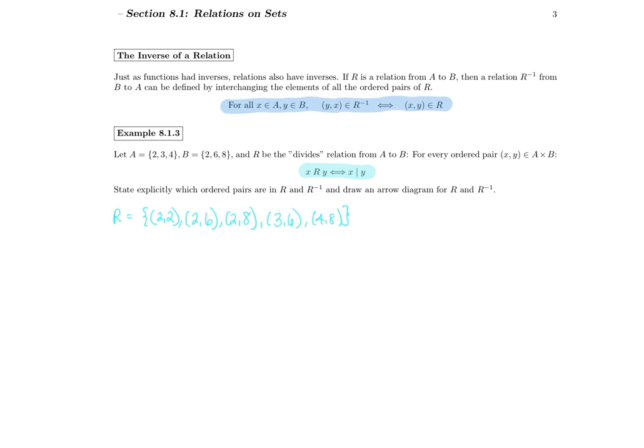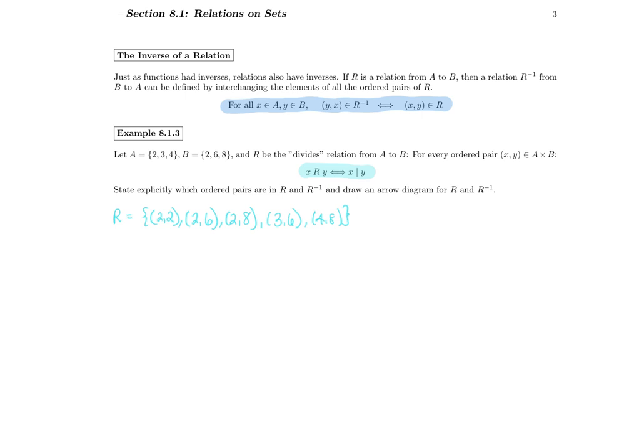Here's the fun part about our inverse. If you read strictly by this definition, it says for all x in set A and all y in set B, the ordered pair y comma x is in the inverse relation if and only if the ordered pair x, y is in the relation. Or if we read it backwards, x, y are ordered pairs in the relation, like we have here, if and only if yx is in the inverse relation.